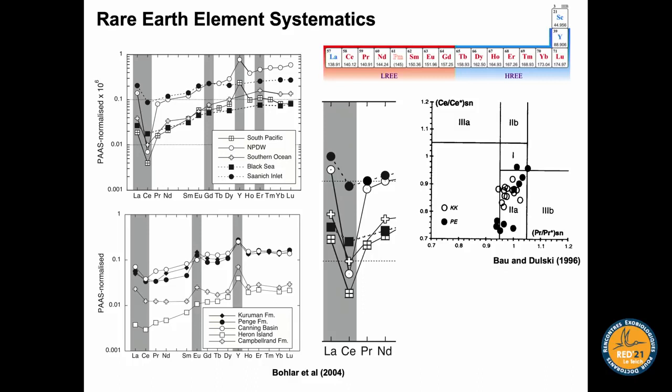And you can see on the bottom some iron formations and carbonate platforms of different ages, where in black, sediments deposited just before the Great Oxidation Event don't have this cerium anomaly. And then there are some modern carbonates that do have this cerium anomaly.